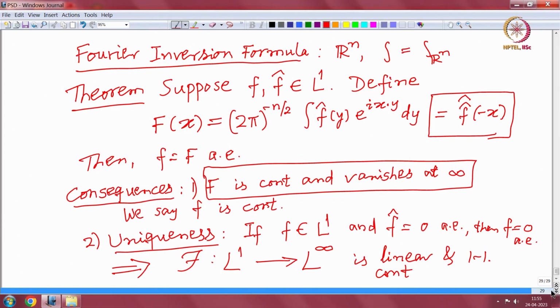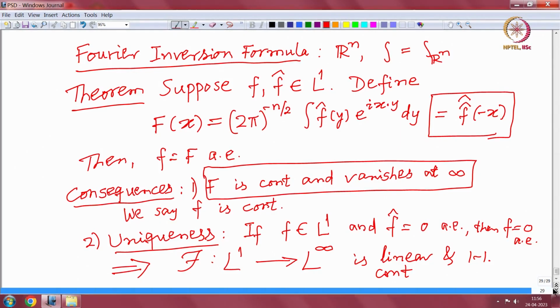But soon we will extend this concept of Fourier transform to L2, and there we know that it is an onto linear continuous operator.